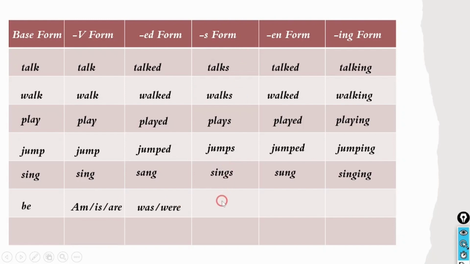Then this one will take the same form, is, are, like the s form, to indicate be as a habit. Instead of adding s, be becomes is, and it can also become are. Then to the en, it becomes been. So it becomes like the past participle, been.